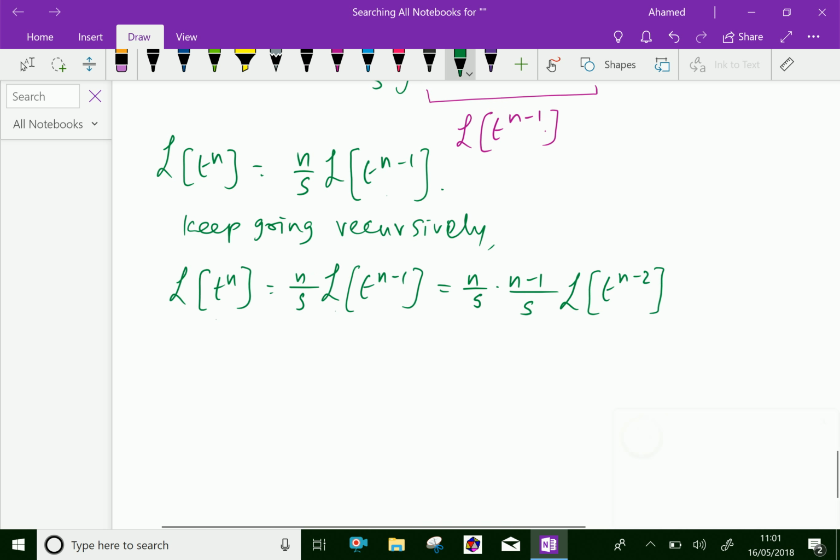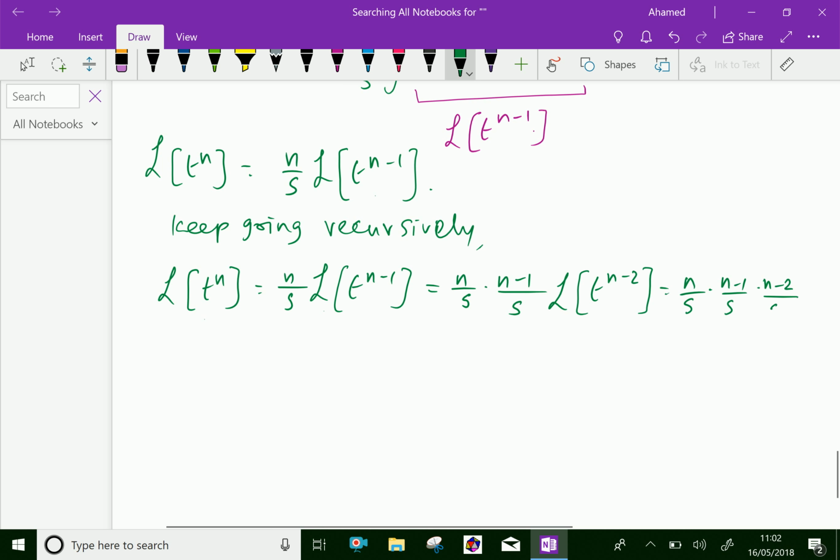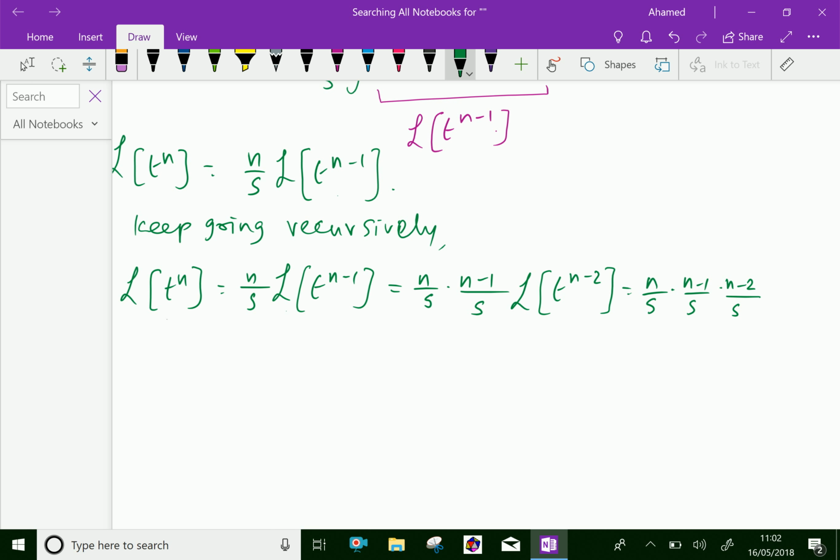Further continuing, n over s, n minus 1 over s already there. Now further recursively becomes n minus 2 over s into Laplace transform of t power n minus 3.